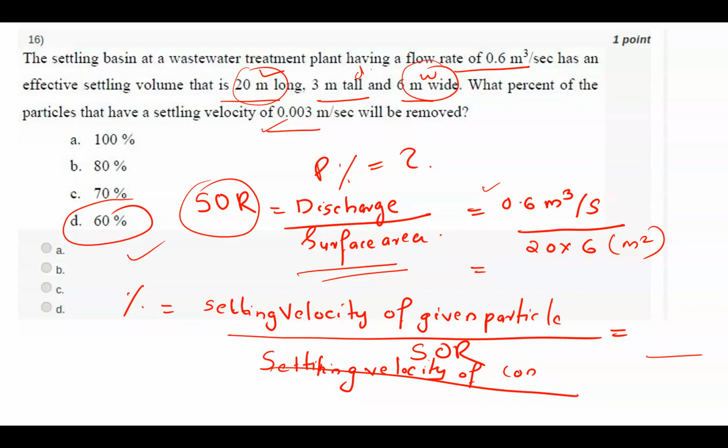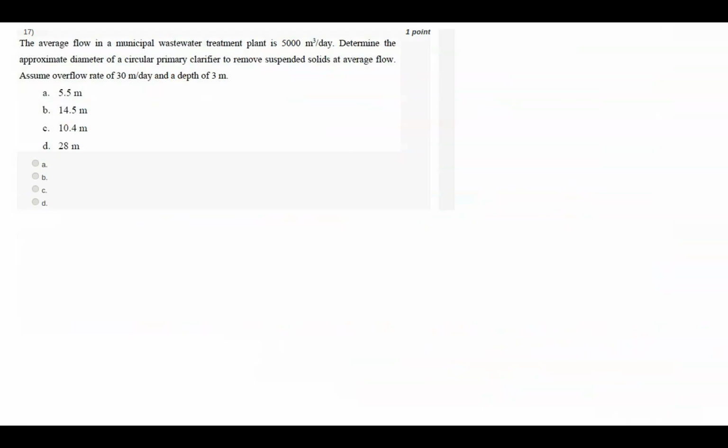So that means 0.003 divided by 0.6 divided by 20 into 6, which is 0.005, and that gives 0.6, which is equal to 60 percent. Okay, then next question.